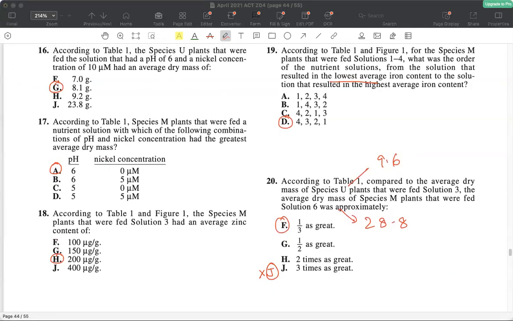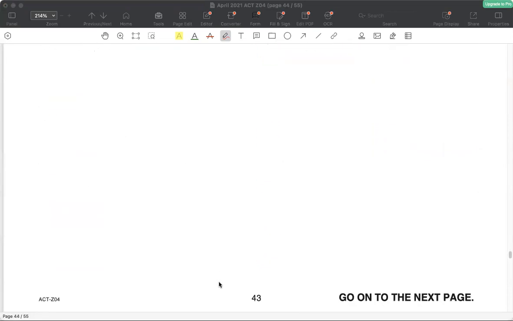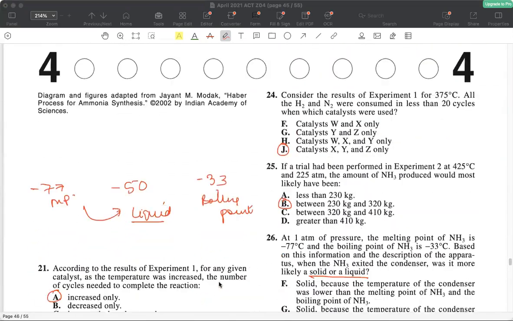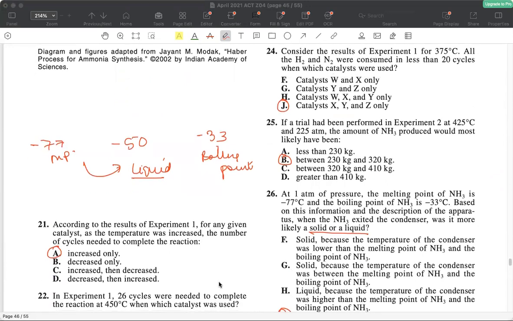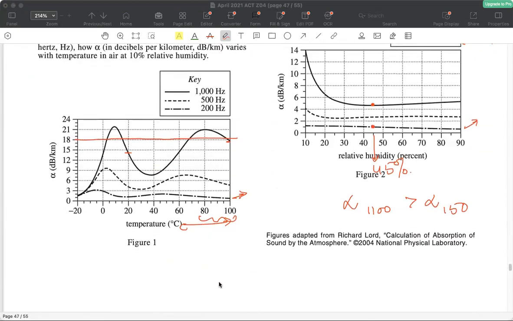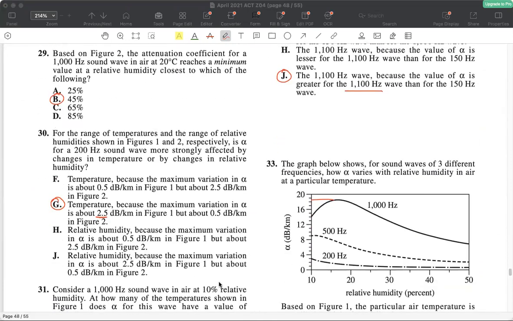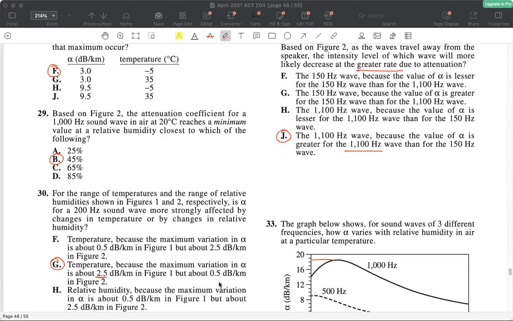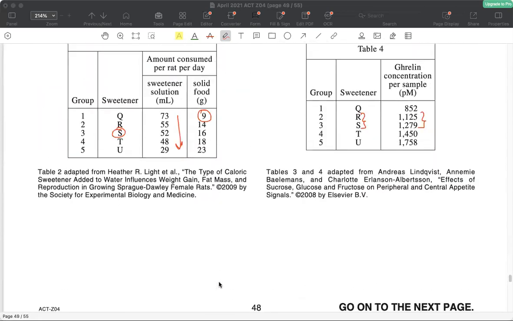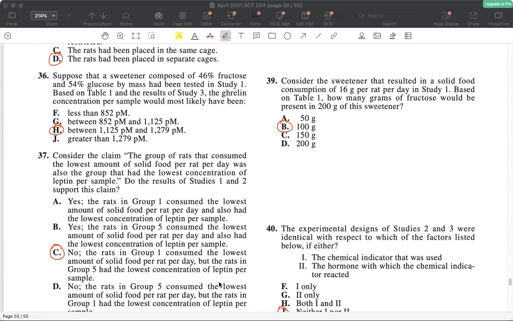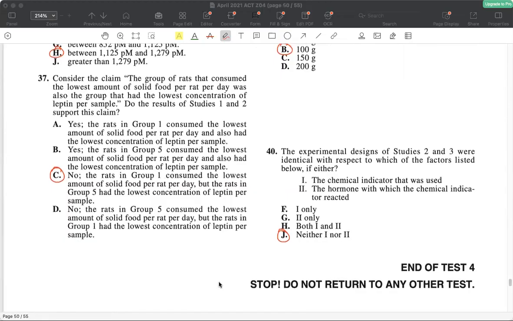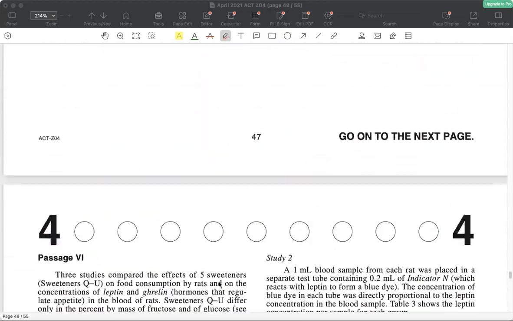Okay, 20 is J. 21: AGCJB, AGCJB. 26: JAFBG, JAFBG. 30 is G. 31: CJBGD, CJBGD, and HCHBJ, HCHBJ. Okay, so we got 38 correct out of 40.